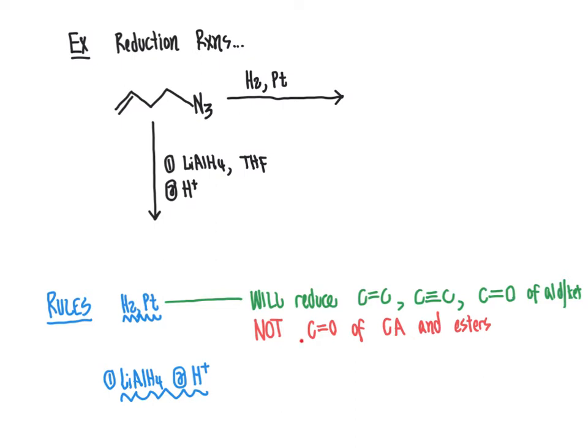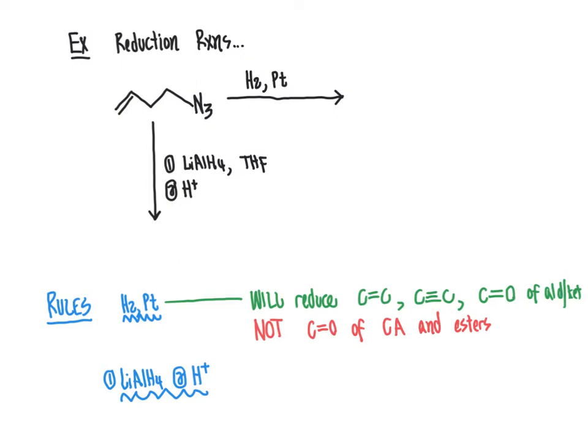So those cannot be reduced by H2 and our metal catalyst. And these rules are in addition to what we looked at on just the last slide where we saw that both of these will reduce all of those different nitrogen-containing groups to amines.